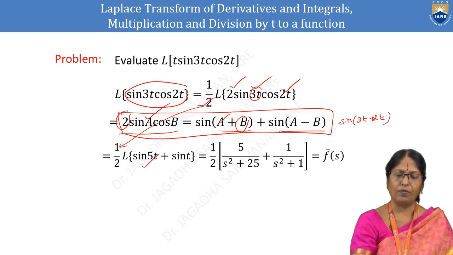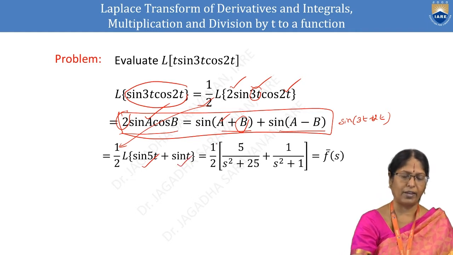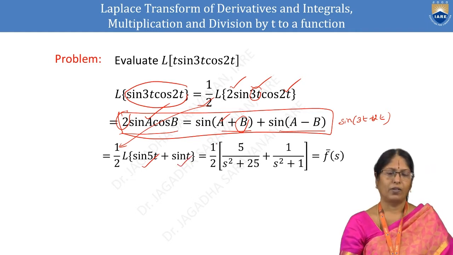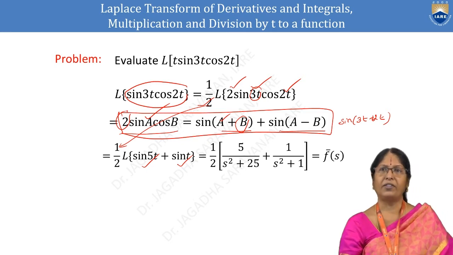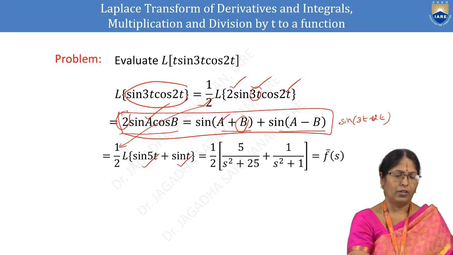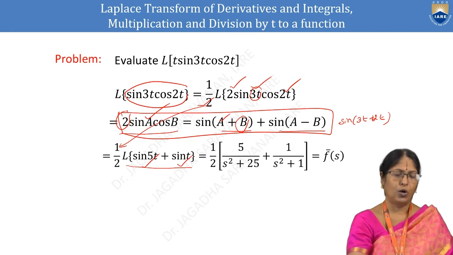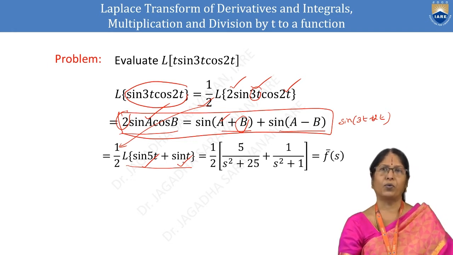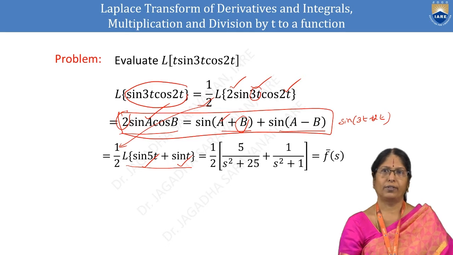Next, sine of 3t minus 2t is nothing but sine t. So now L of sine 5t plus sine t. It is the Laplace transform of two functions. One is sine 5t, another one is sine t.